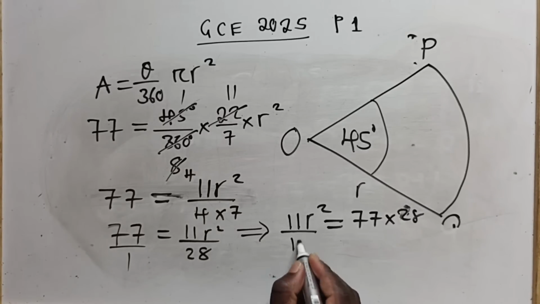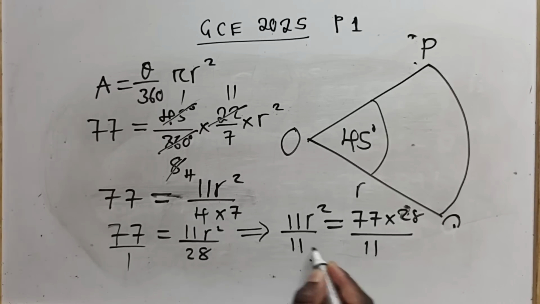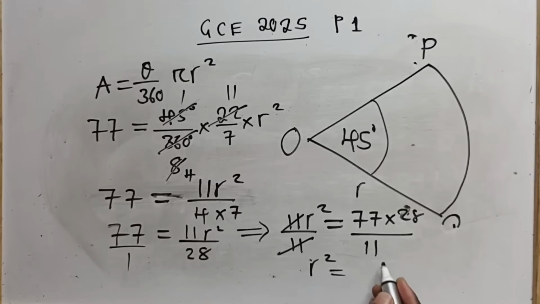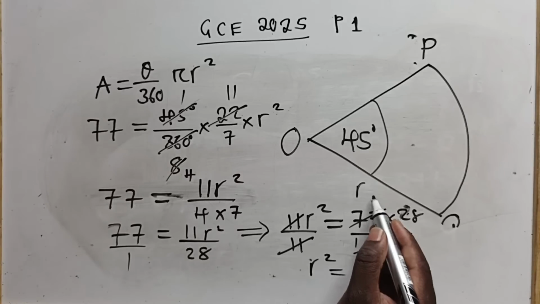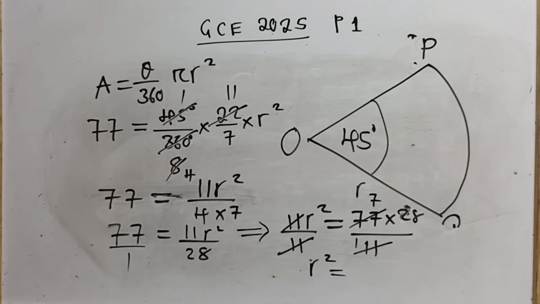Just divide by 11, so that this 11 and 11 can go. We'll remain with r squared, which is equal to 1 into 7. So 7 times 28, what are you getting? Tell me in the comment section. What is 7 times 28?